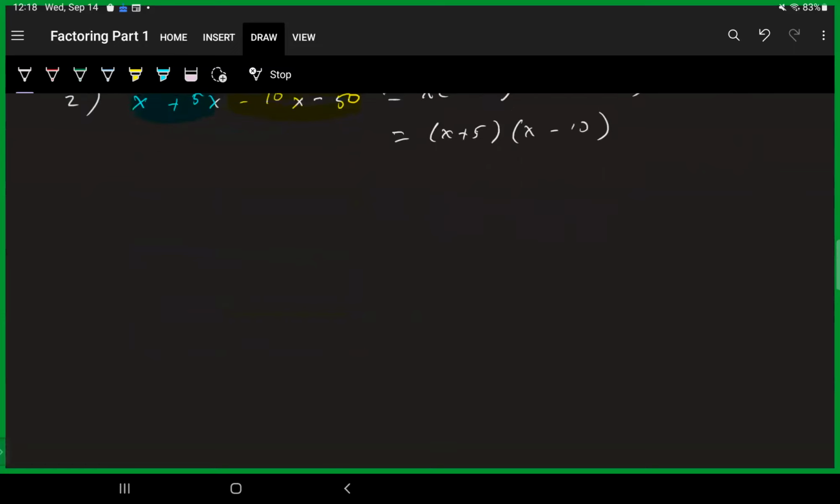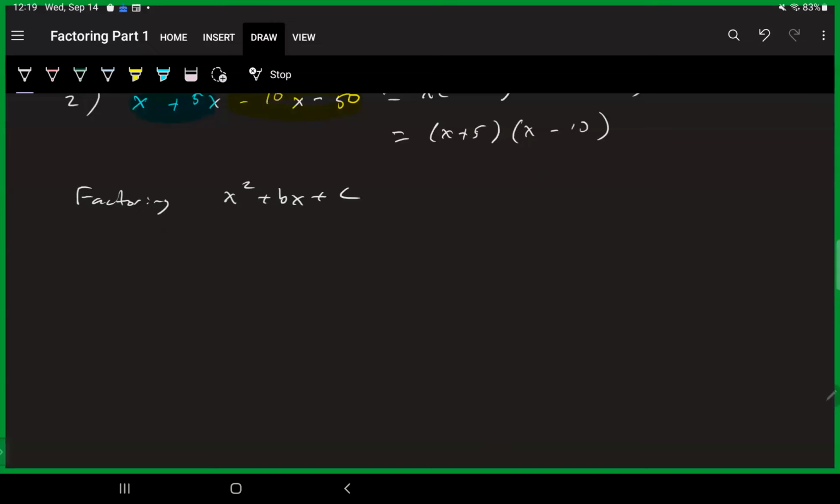So now we need to move on to things more general. We're going to factor trinomials that are in the form of x squared plus bx plus c. When we're factoring x squared plus bx plus c, this is the easier case than the general case where we have something that's not one in front.